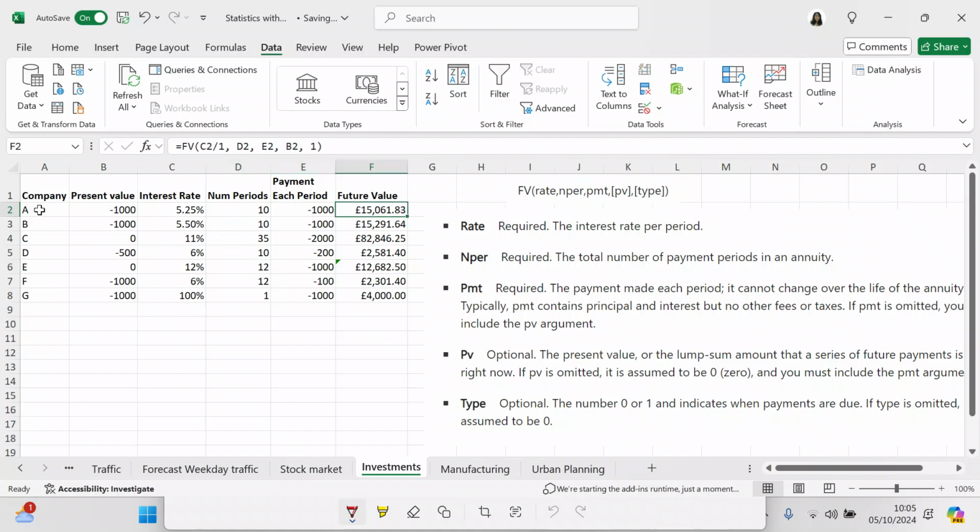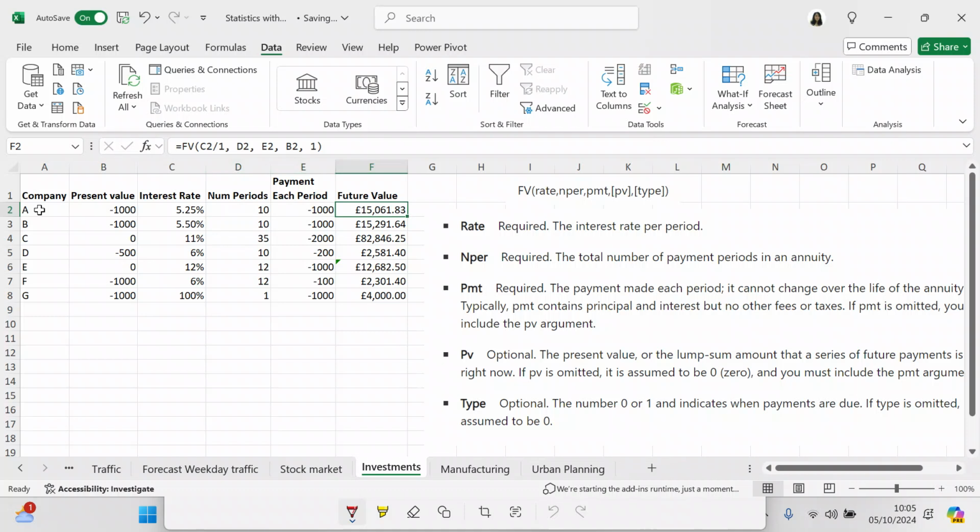And the future value is going to be the interest rate over 1. So that's 5.25% over a year. And then the number of periods is going to be 10. It's going to be 10 years. E2 is going to be your payment period, and you're going to give £1,000 each payment period.